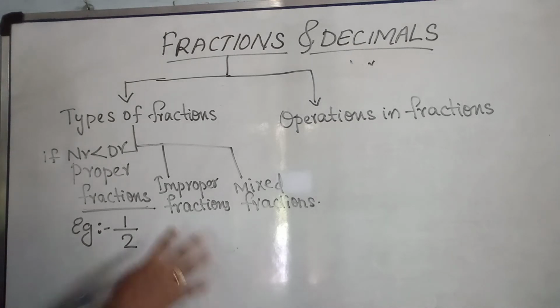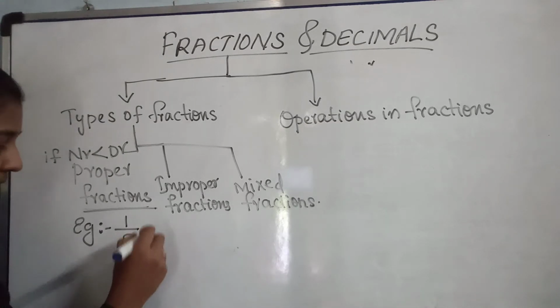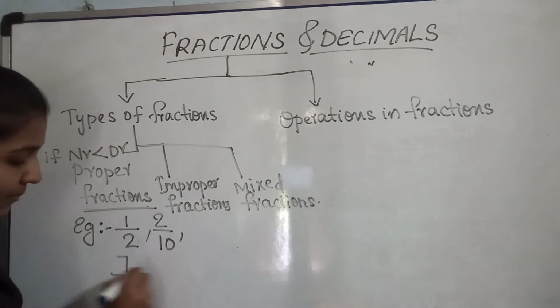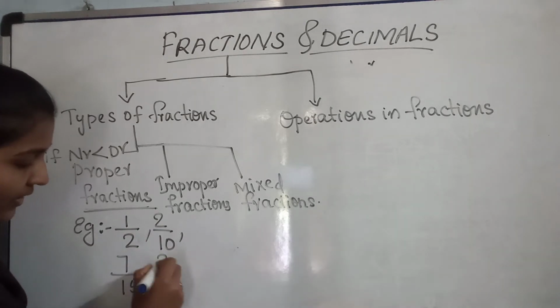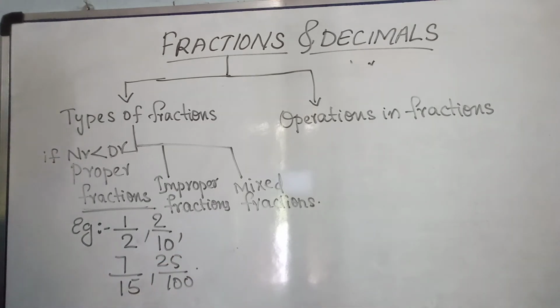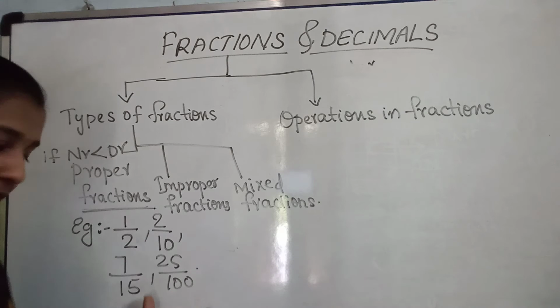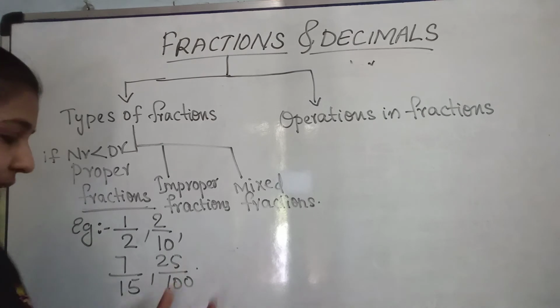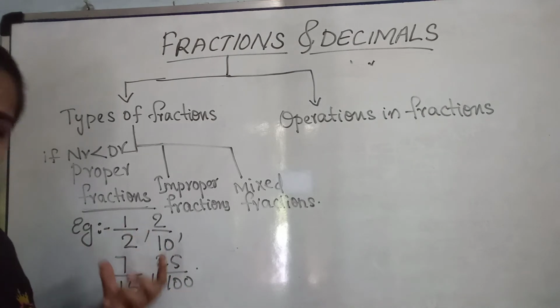Other examples are 2 by 10, 7 by 15, 25 by 100, etc. In all these fractions, the numerator is smaller than the denominator. That's why it has the name proper fraction.